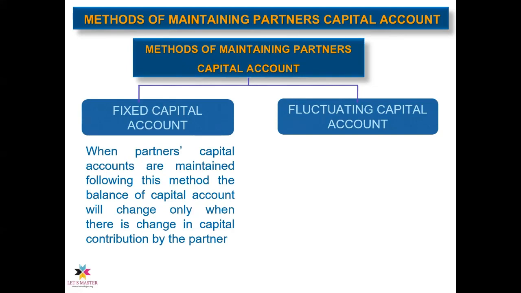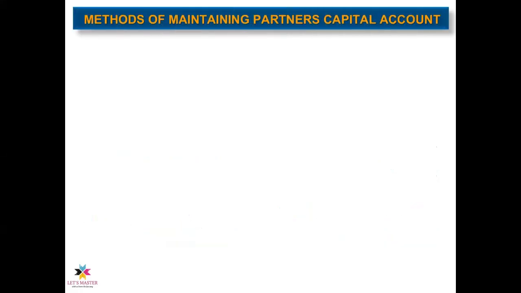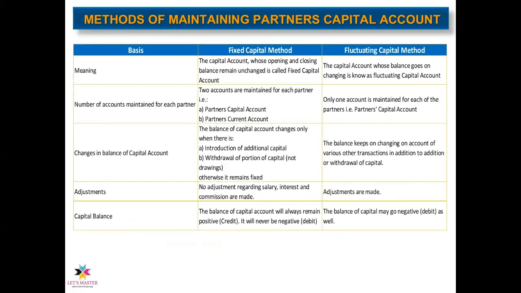The balance of capital account will not change on account of any other transaction other than partner bringing in some additional capital or partner withdrawing some amount of capital from the firm. Whereas in case of fluctuating capital account method, the balance of capital account will keep on changing even when the partner has not brought in any additional capital or has not withdrawn any part of the capital. Let's try and understand this difference in detail.